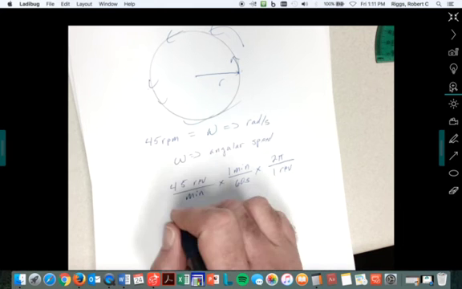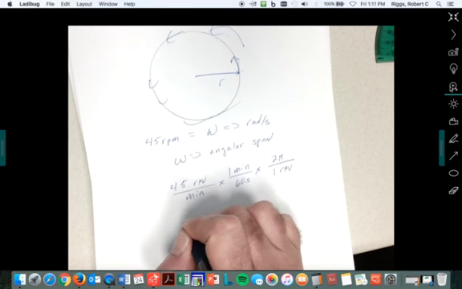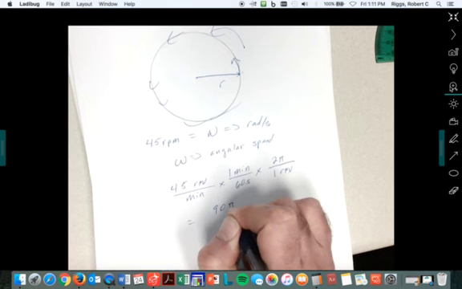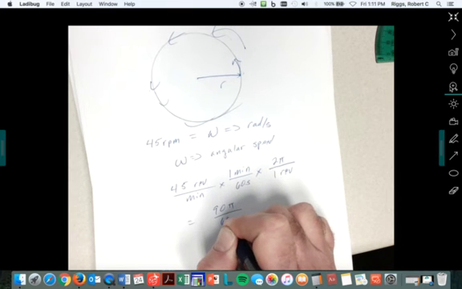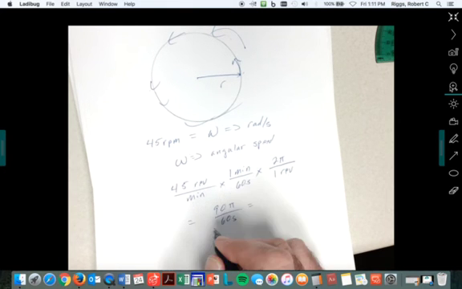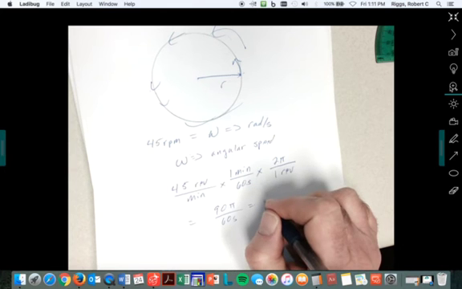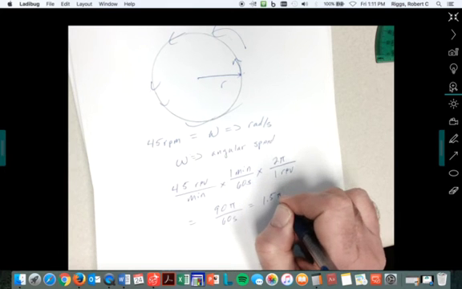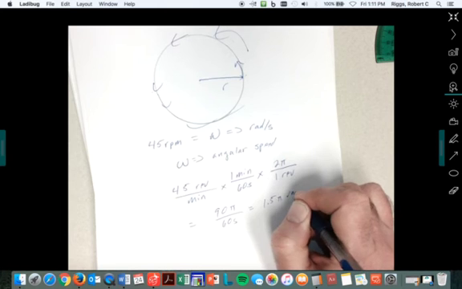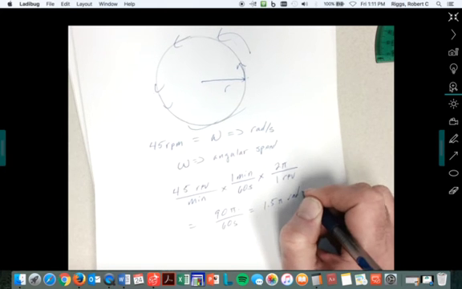I wind up with 90 pi over 60 seconds, which is equal to 1.5 pi radians per second.